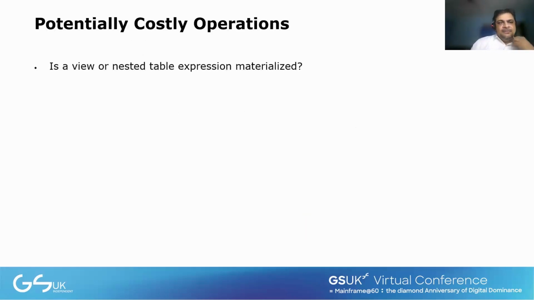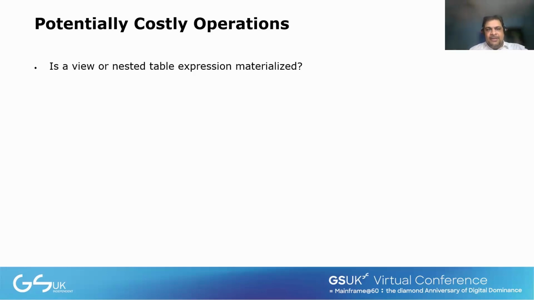How can you find out where a potentially costly operation could happen if you analyze your SQL? One thing is materialization of your views or nested tables. By materialization, I mean you run a view and it gets materialized as a table, and you get another row in your plan table.